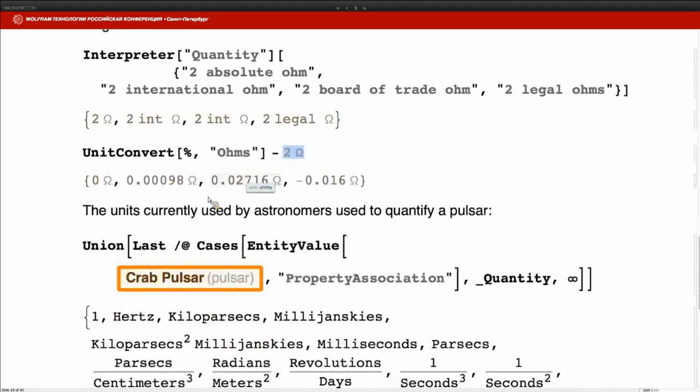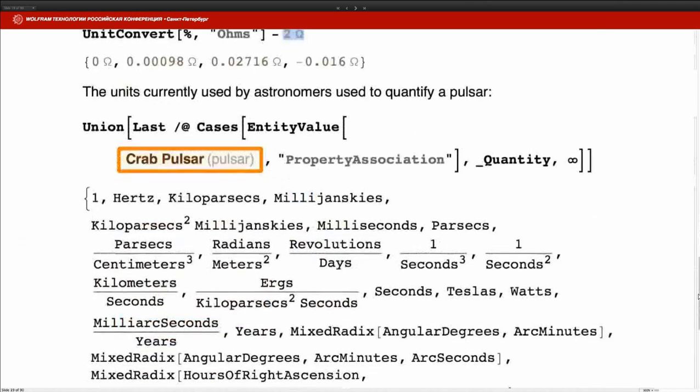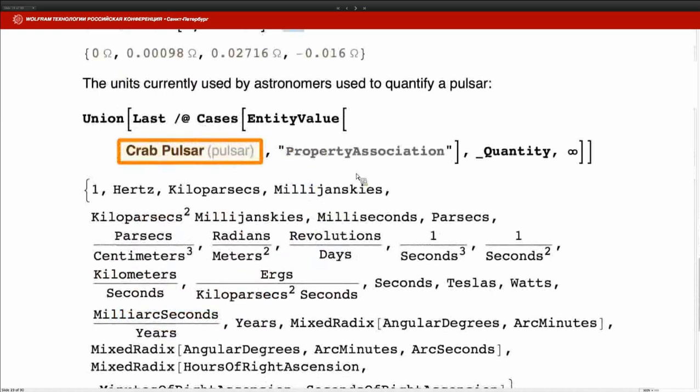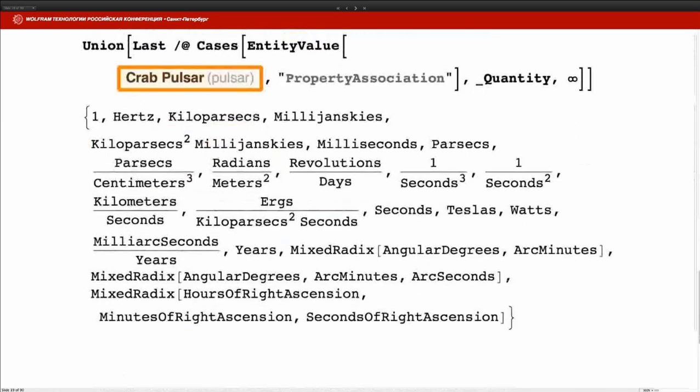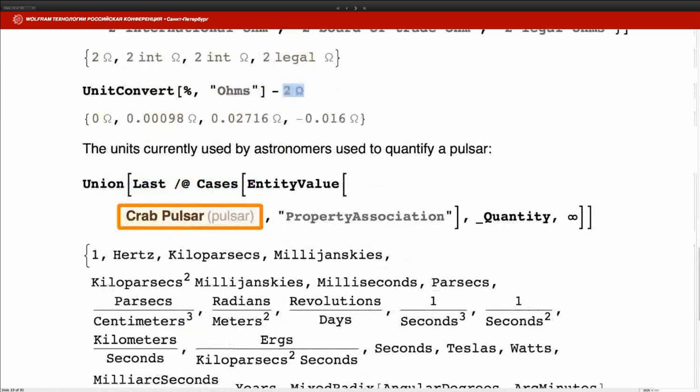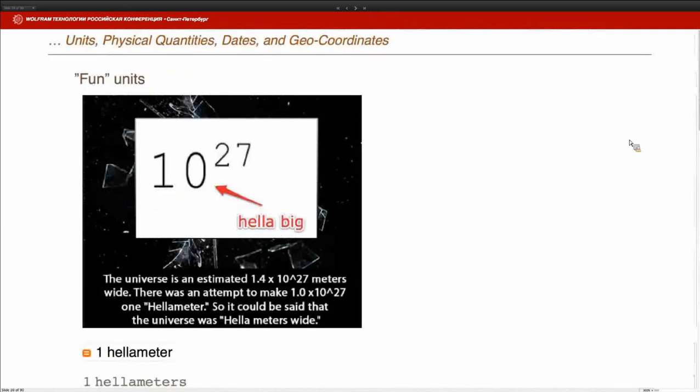But if you look at the actual values and you subtract two modern ohms, the absolute ohm was the precursor of the current ohm, but the other ones are all slightly different, a little bit larger. And if you come back to the Crab pulsar that I have shown earlier, and you ask what its properties are, you get this large amount of units occurring in the values of its properties. And we understand them, we can convert them into each other, we know their precision.